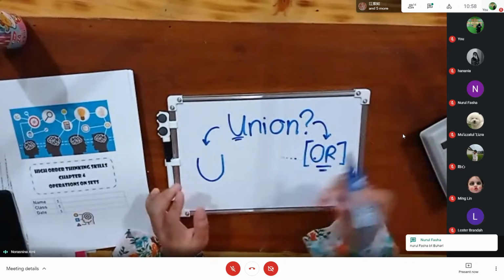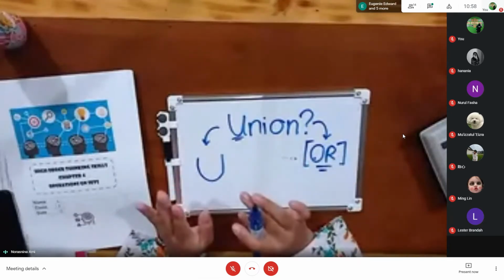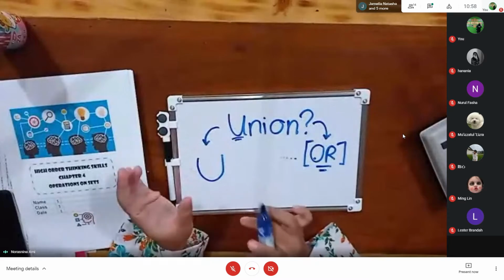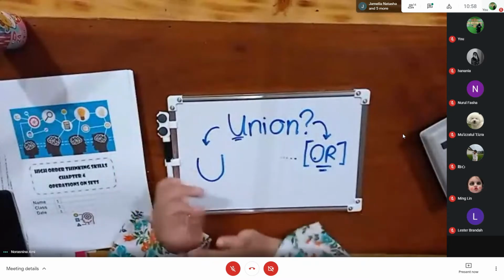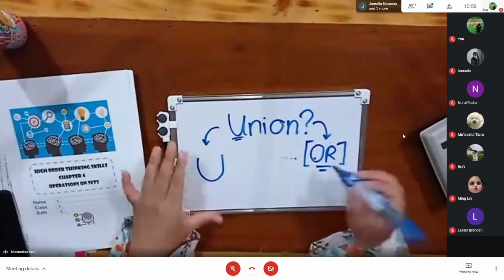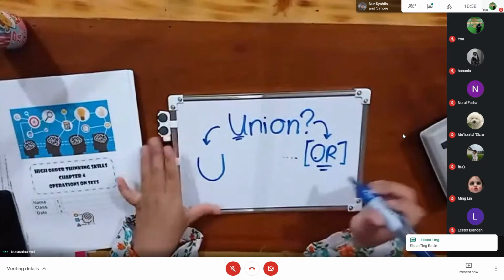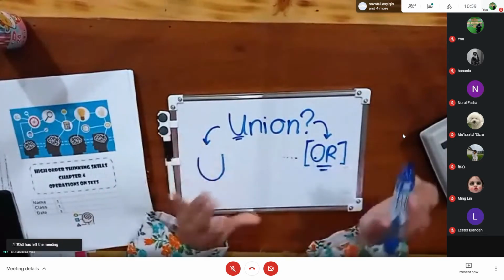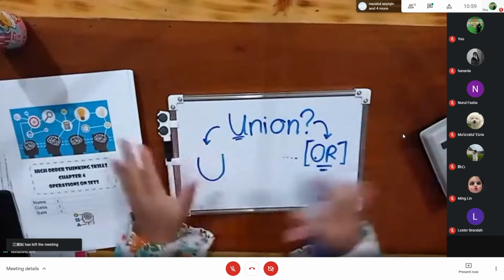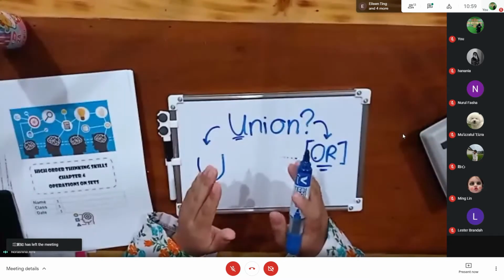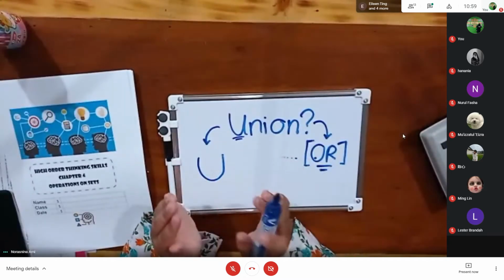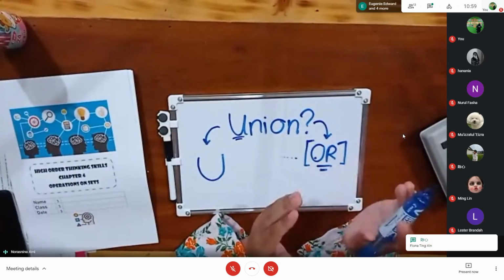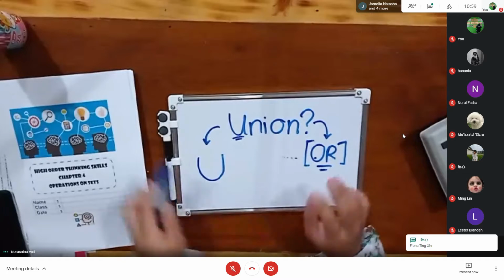For example, using the same example just now: what is the total number of students that like badminton or ping pong? The question has "or" in it, so that means it's involving the union of sets. That's how we differentiate between an intersection problem and a union problem.